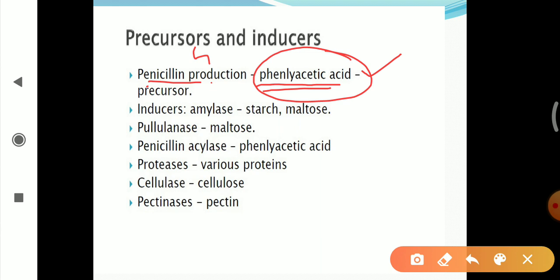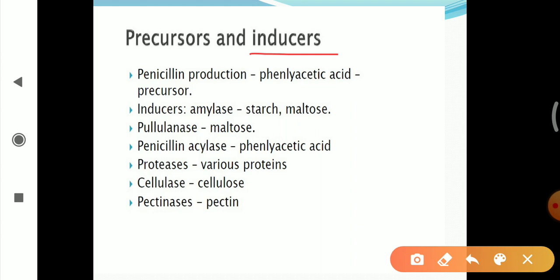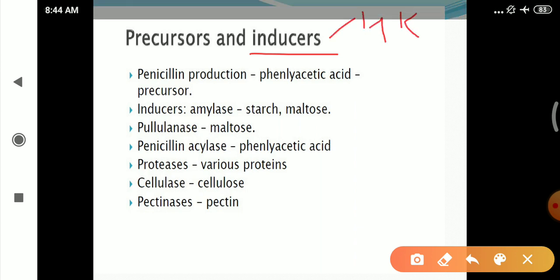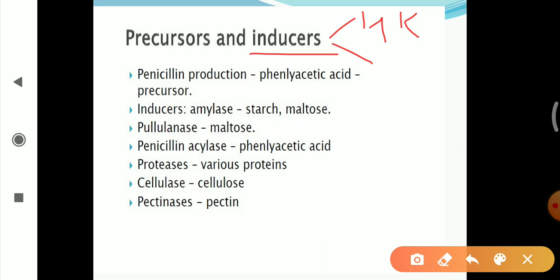Now we talk about inducers. Enzymes are of two types: housekeeping enzymes and inducible enzymes. Housekeeping enzymes are always present in one or two copies in the cells, whether the substrate is present or not.